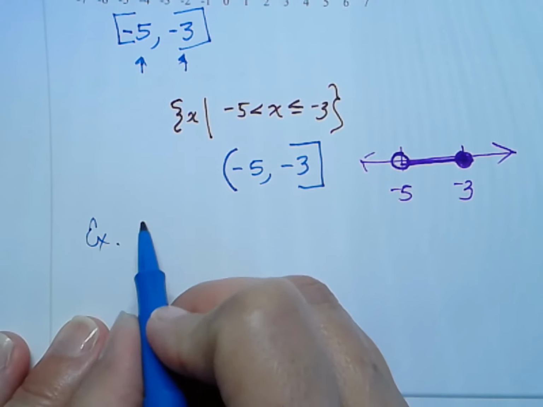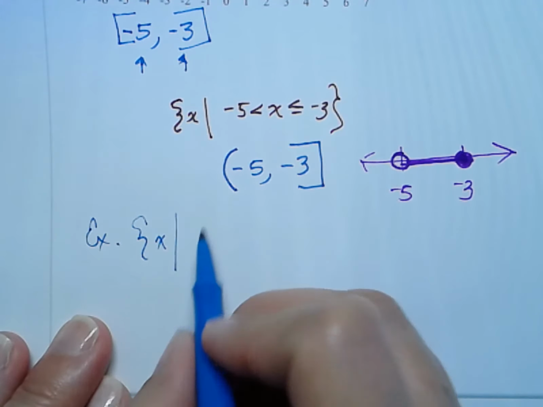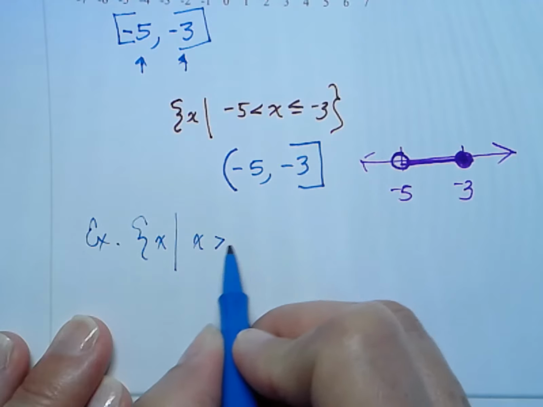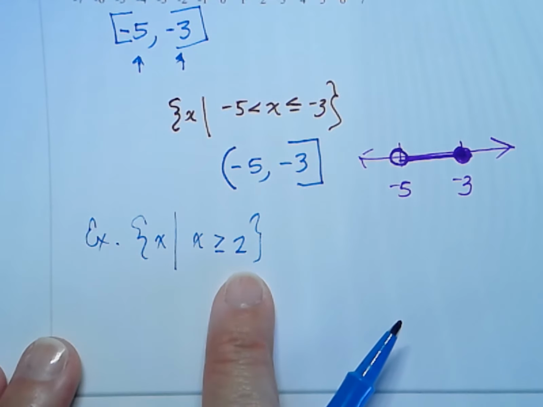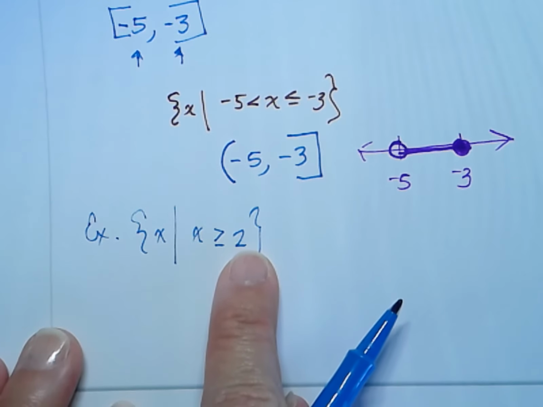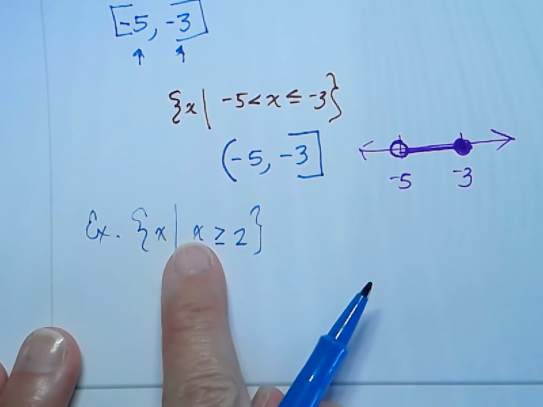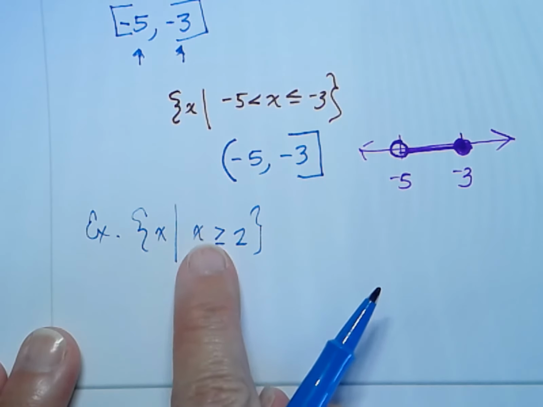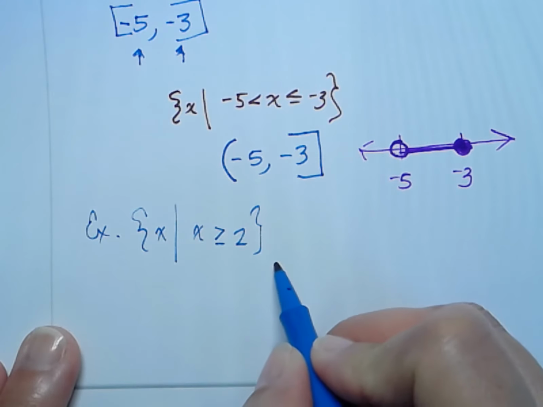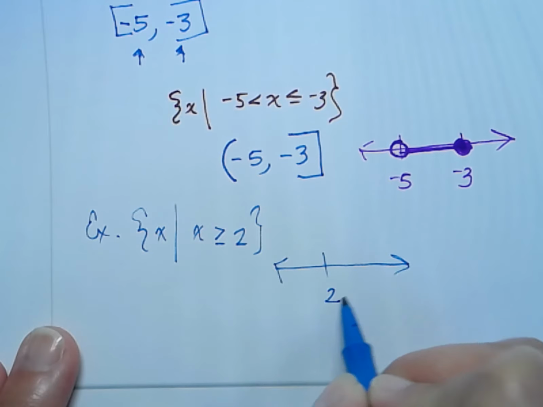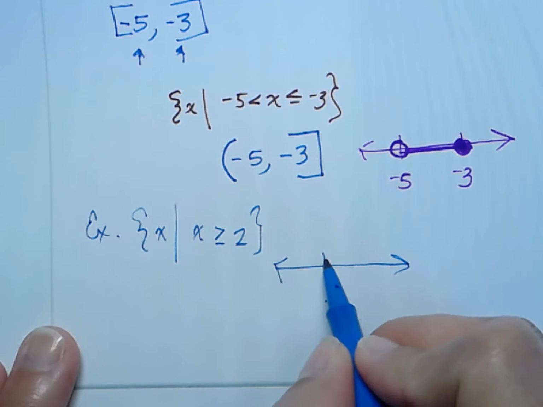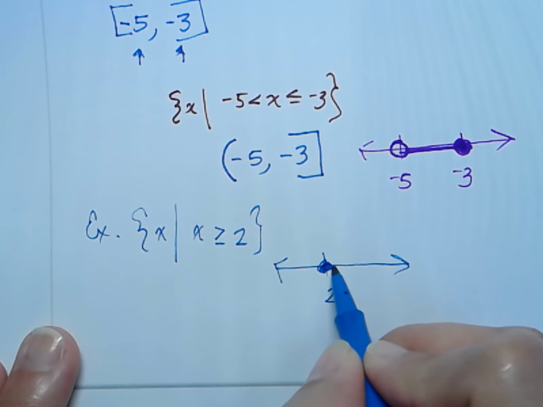Suppose that I have the set containing X such that X is greater than or equal to 2. So notice there's not two numbers, so there's only one bound, okay? So let's look at that on the number line. So here is 2, and I want all the numbers greater than or equal to 2.